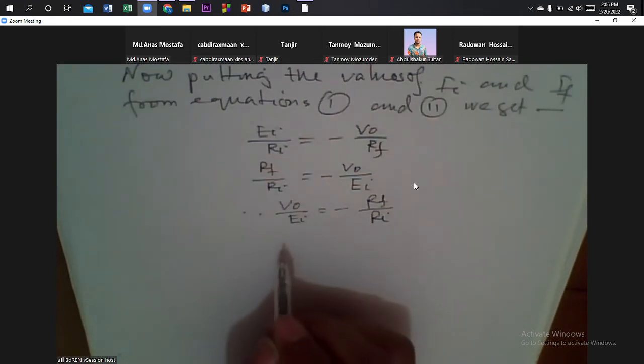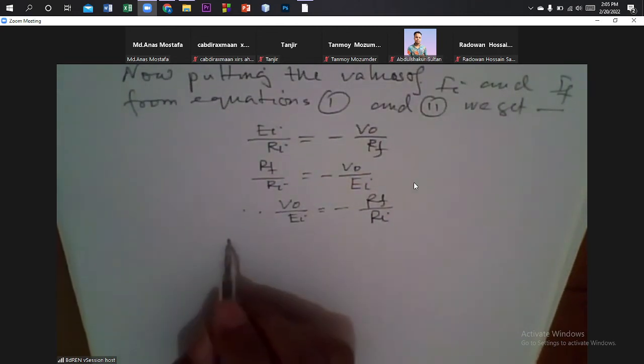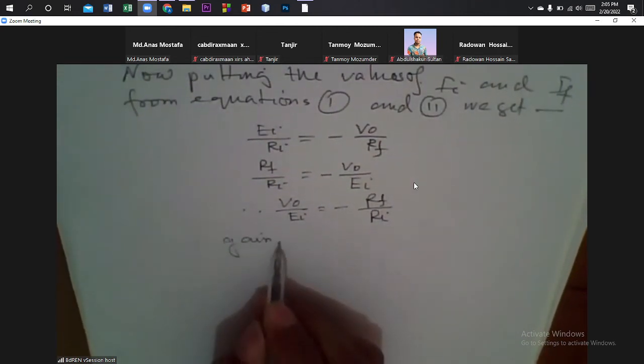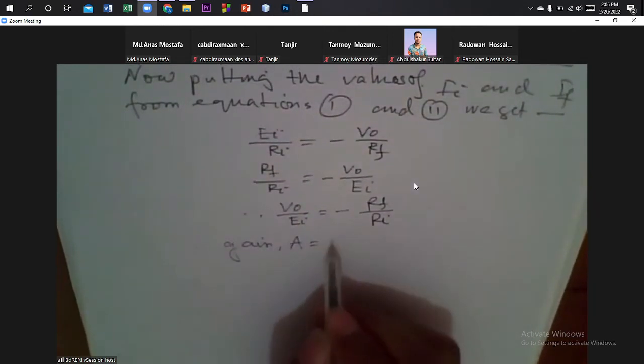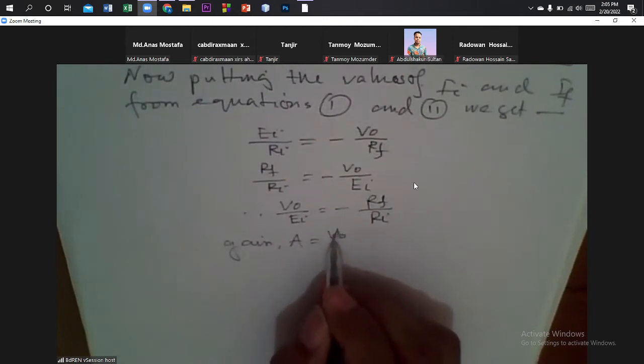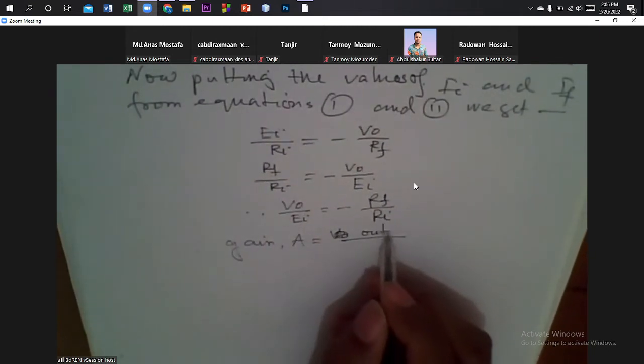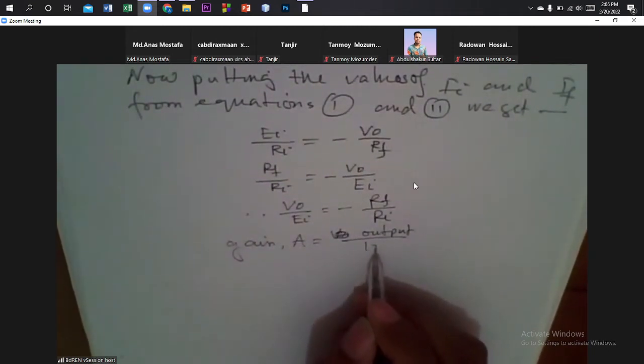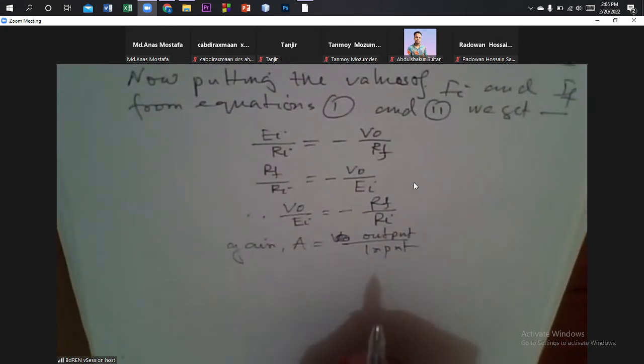Gain. Gain A is equal to output by input. Clear?